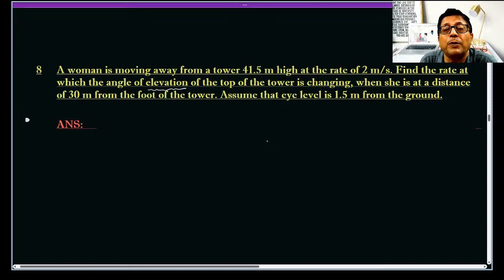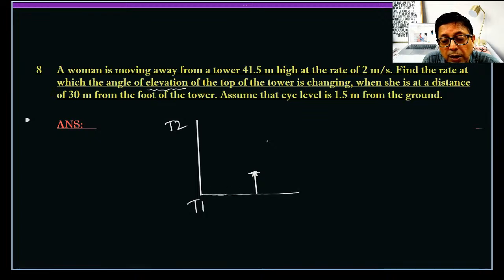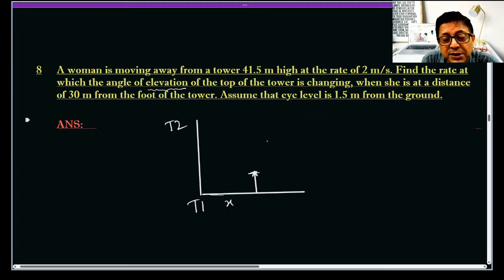Woman is moving away from the tower. This is the tower. Woman is here. Tower we are taking T1, T2. Woman is going away. This distance be x. Her position W1, W2.